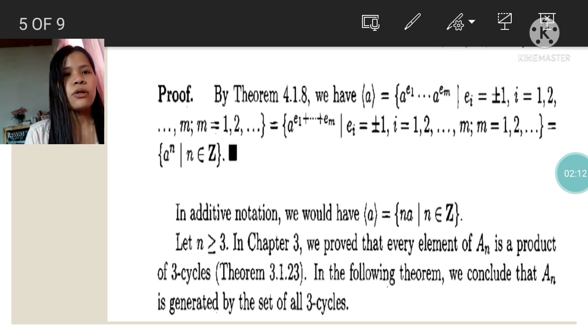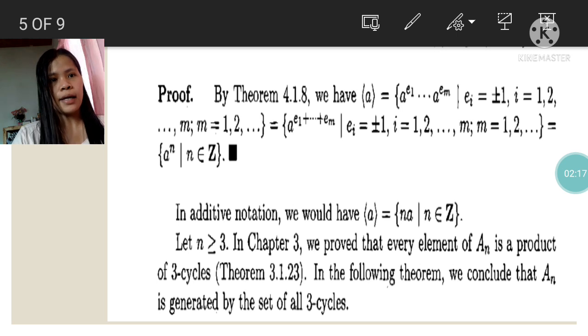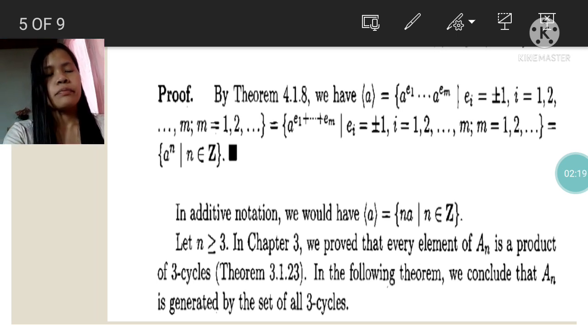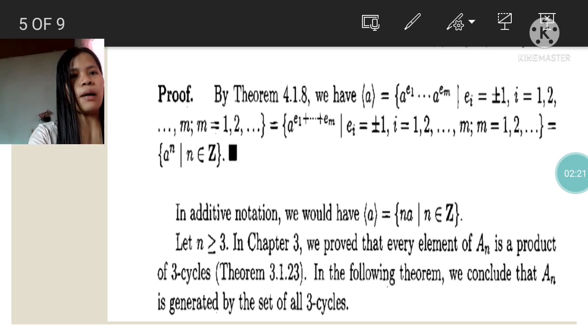And proof by theorem 4.1.8, we have the subgroup generated by A is equal to e_1^{e_1}...e_m^{e_m} such that e_i is equal to positive and negative 1, i is equal to 1, 2, continuation m.